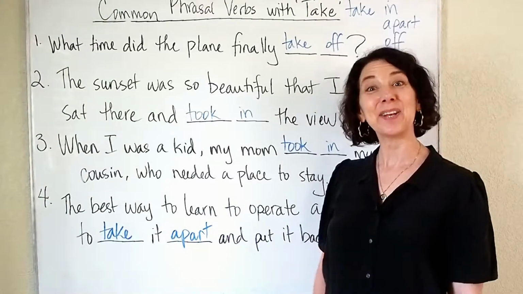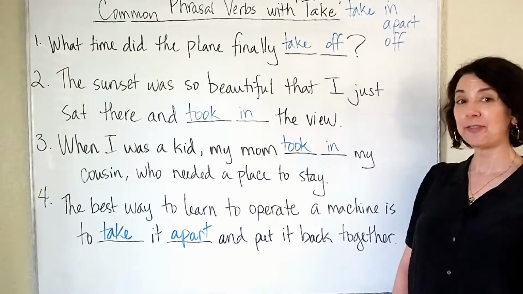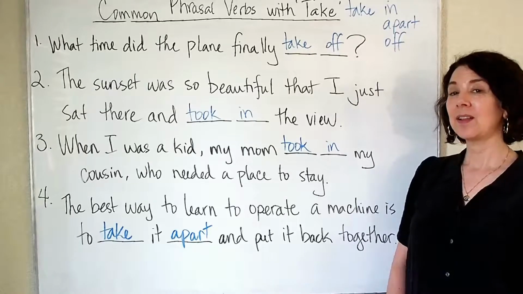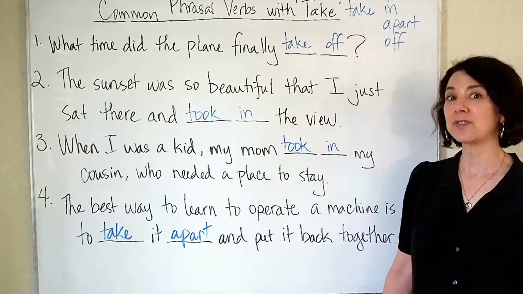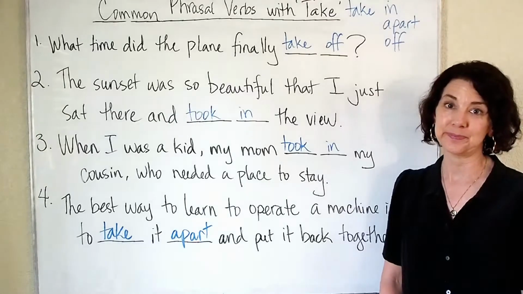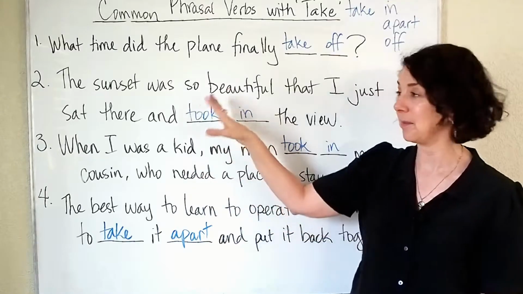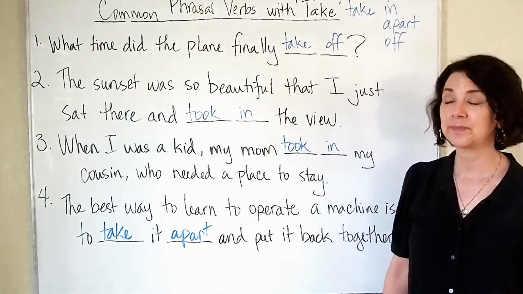Okay, let's check. Number 1, what time did the plane finally take off? Number 2, the sunset was so beautiful that I just sat there and took in the view. So notice that we have to use past tense here because the story or the time is happening in the past.